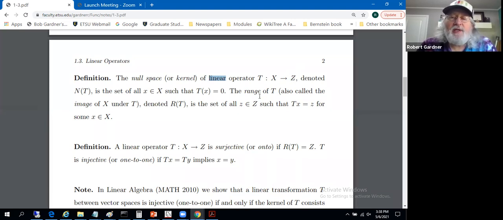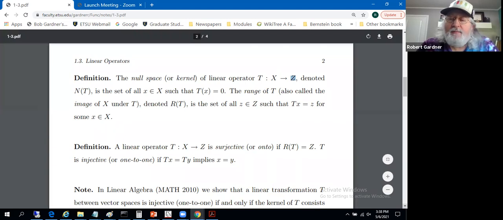So the range is the stuff that comes out of the transformation when you allow the input to range over. T of X ranges over all of linear space capital X. And the range is a subset of this linear space.